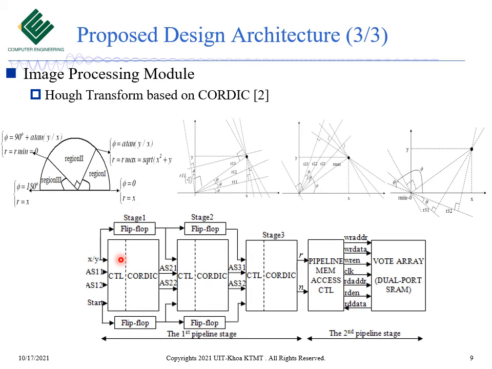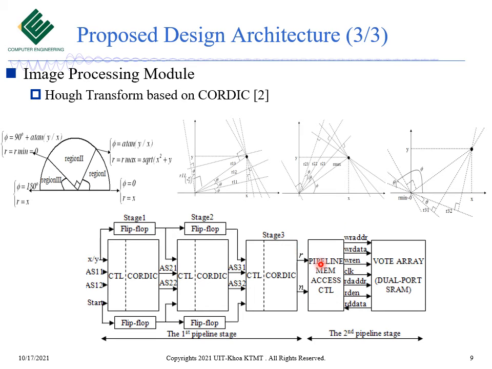So for the hardware of the image processing module, we need three blocks for each step: step 1, step 2 and step 3.